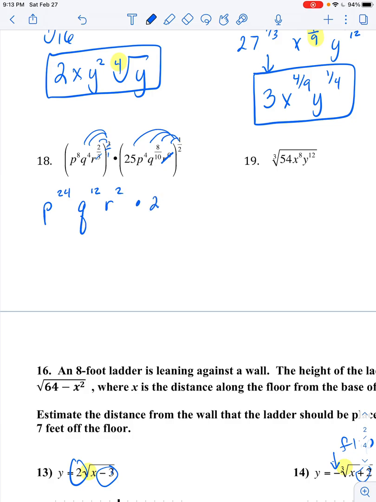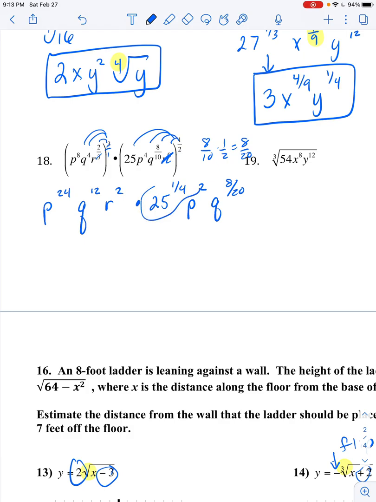In the second part, we'll have 25 to the 1/2. P is going to be to the 4 times 1/2, which will be 2 power. Q is going to be to the 8/10 times 1/2, which would be 8/20 power. We'll worry about reducing next. And then I'm not worried about this part because that disappeared.